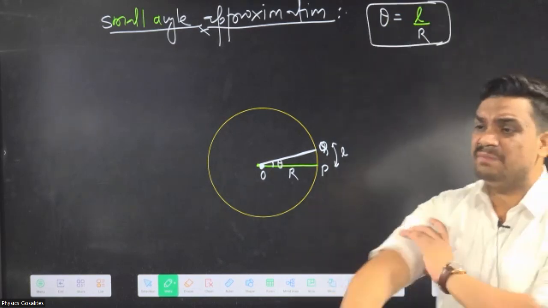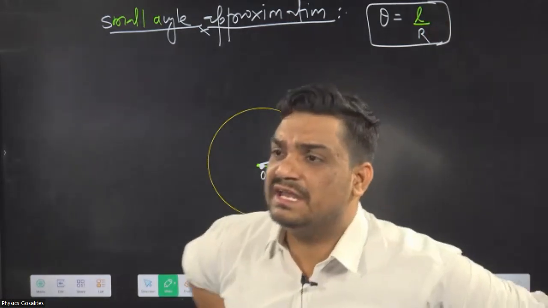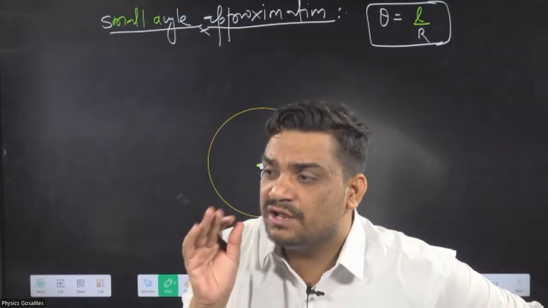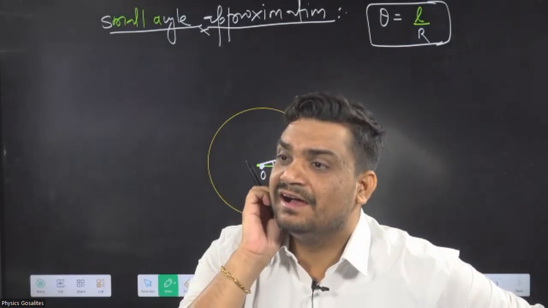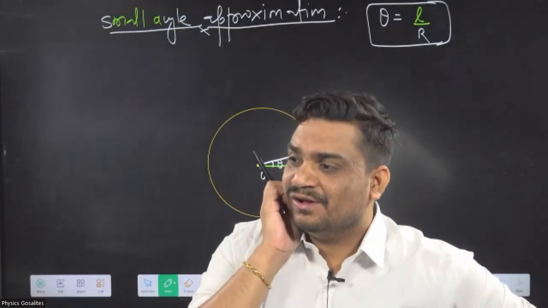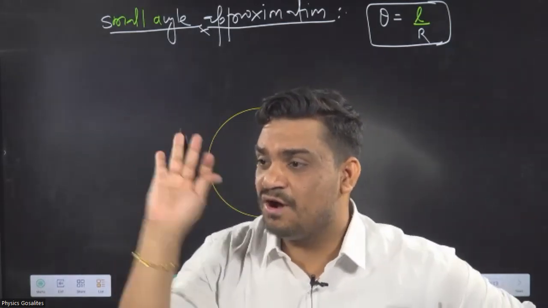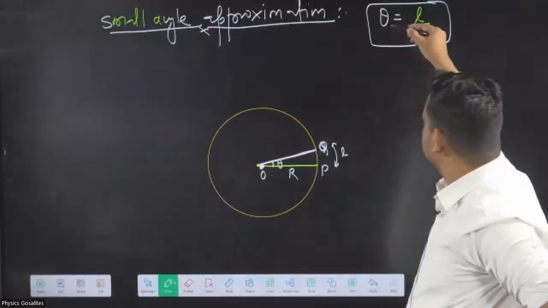And theta equal to L by R is valid for a small angle or for any angle? Theta equal to arc by radius is for a small angle or for all the angles? Theta equal to arc by radius is for all. I told you this in the first class.